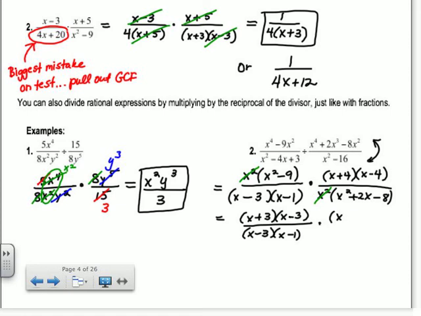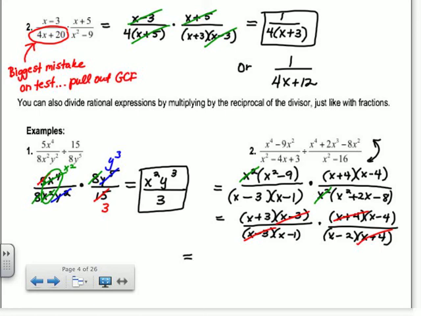The numerator on the other side is still x plus 4 times x minus 4. And then it looks like this denominator factors as well. So I'm going to get x minus 2 times x plus 4. Okay, now there's going to be several things that cancel. So the x minus 3's, the x plus 4's.